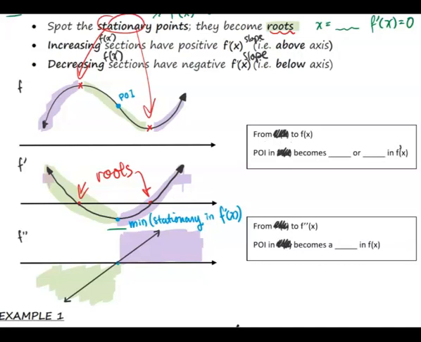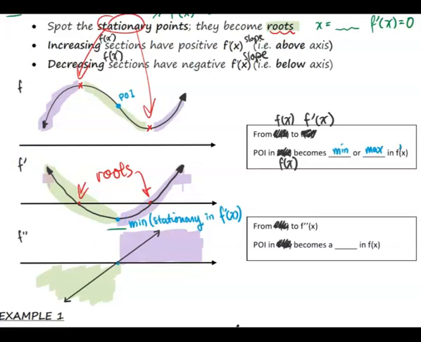If we were to take the original graph, and I'm going to make some changes here to my notes and you'll get a better copy there. From the original f of x to the first derivative graph, any points of inflection in the original graph, so right here, becomes a minimum or a maximum in the first derivative graph, right here.